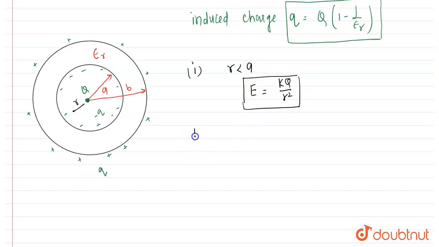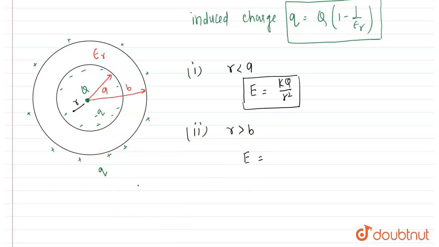Second condition, when r is greater than b. In that case the point where we have to find the electric field will be outside the sphere. In that condition the electric field will be due to the point charge and due to the induced charges minus q and plus q.